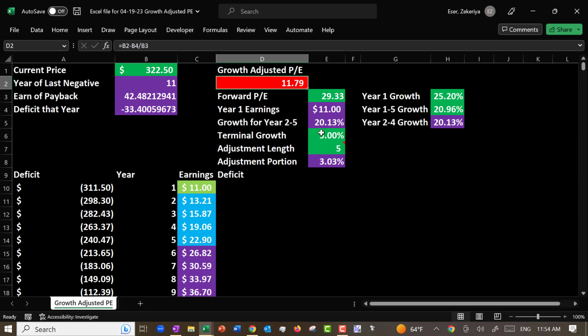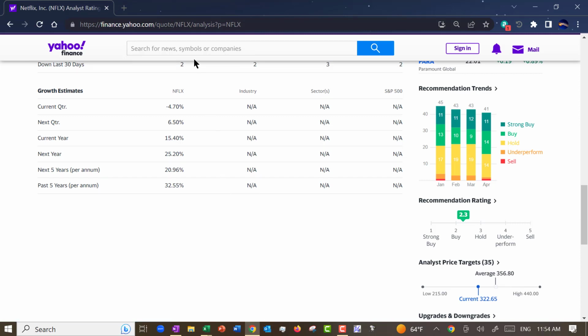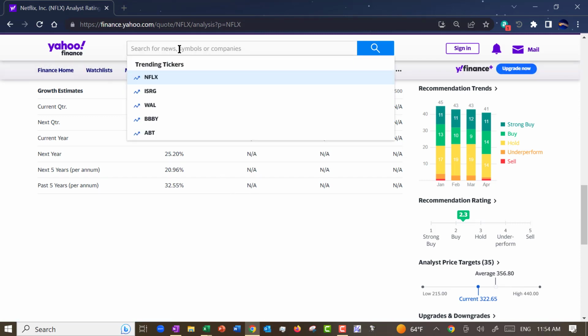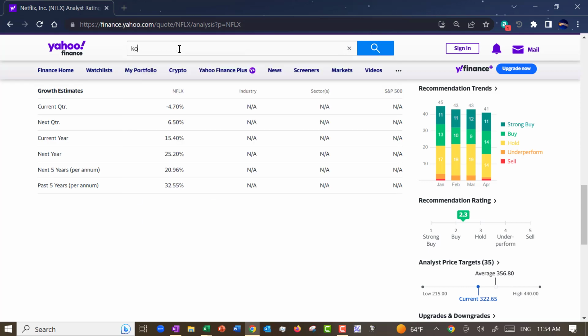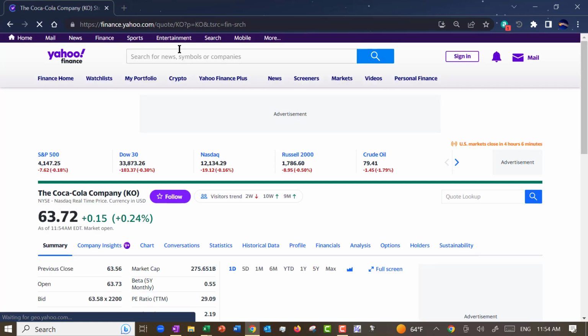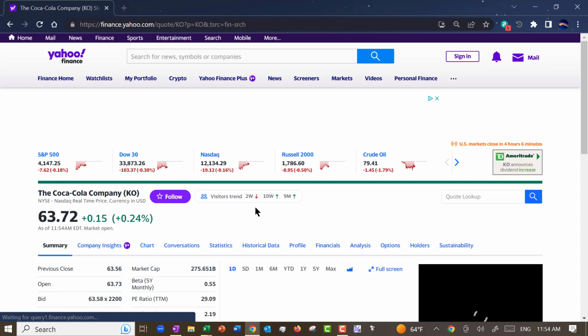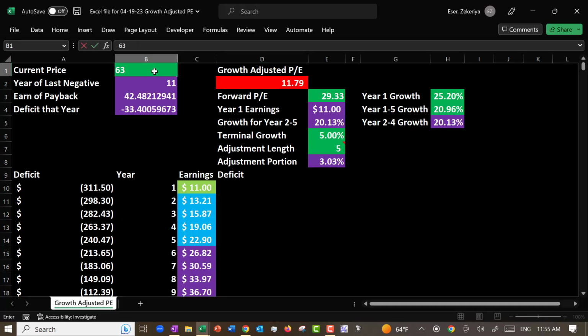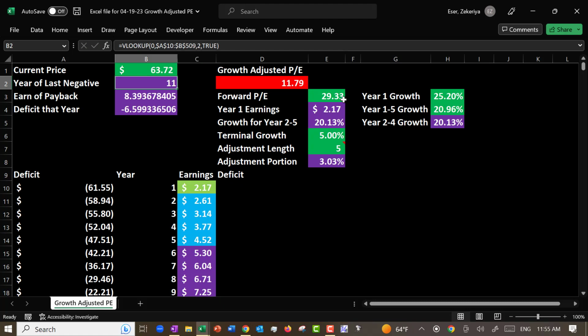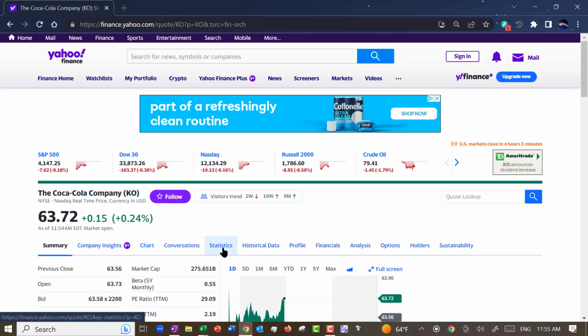Let's apply this to another set of similar companies. In this case, similarity is even better. Coke and Pepsi. Coke is trading at 63.72. Has a forward PE of 24.10.